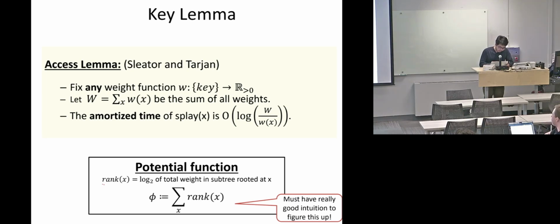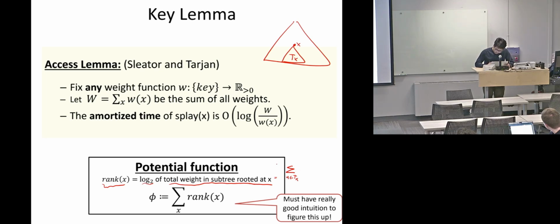We first need to define the rank. The rank of x is the log of the total weight in the subtree rooted at x. So if this is x, look at the subtree here, call it tx. Then the rank is the sum over every u in tx of the weight of u, and then take the log of that.